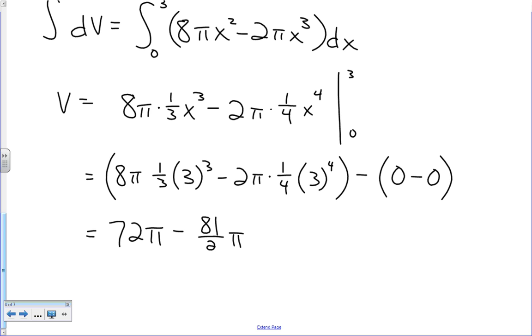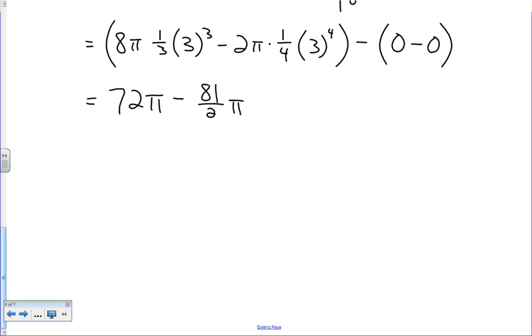I should have written that as a decimal to make it easier to work with. 81 divided by 2 is 40.5 pi. So 72 minus 40.5 pi, that gives us 31.5 pi. Okay, there is our definite integral. That is our volume of this solid.